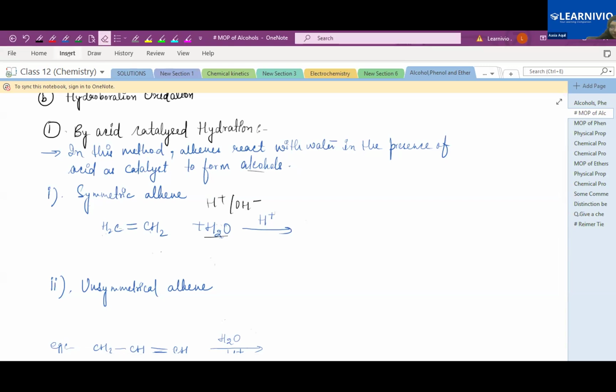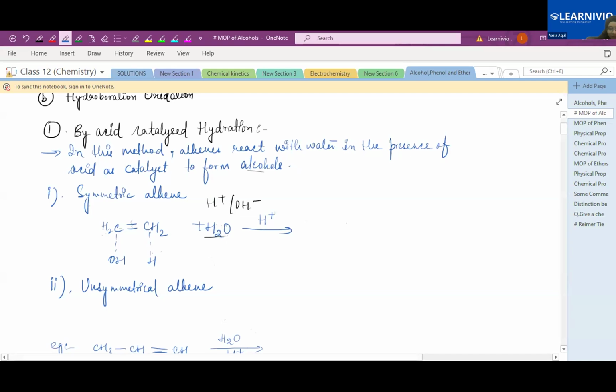So H2O will give you H plus and OH minus ion. You attach OH to one carbon and hydrogen to the other carbon, and this pi bond will break. So basically, you have to break the pi bond and attach OH to one carbon and the hydrogen to the other carbon.